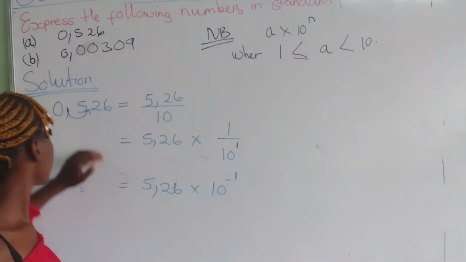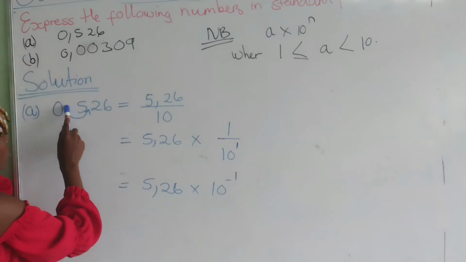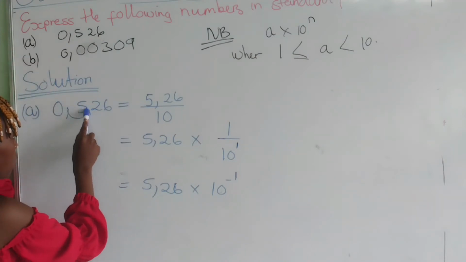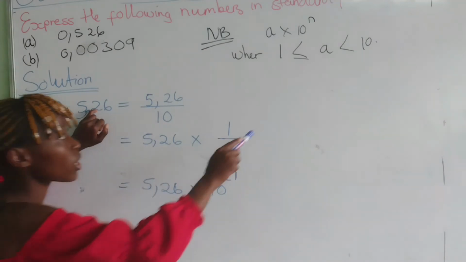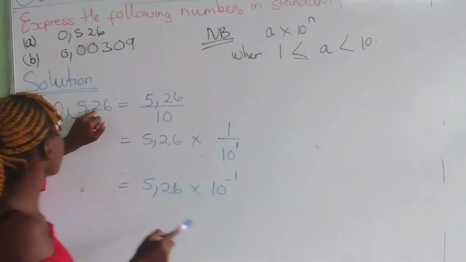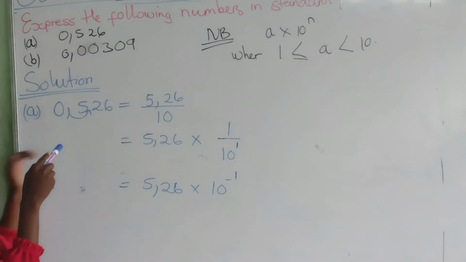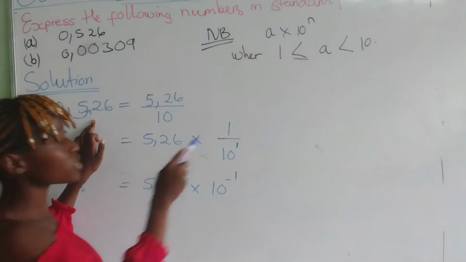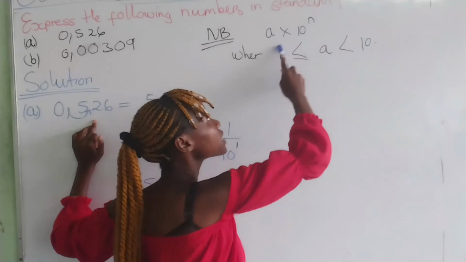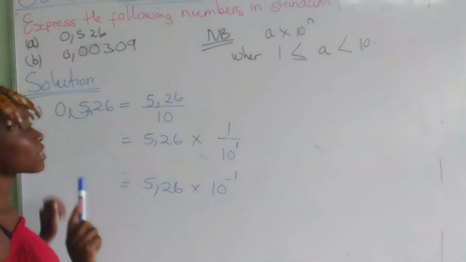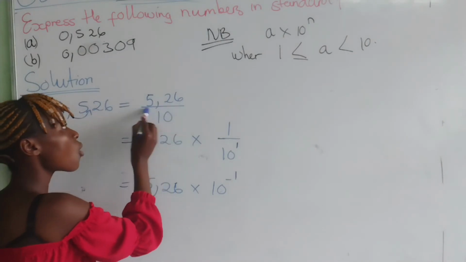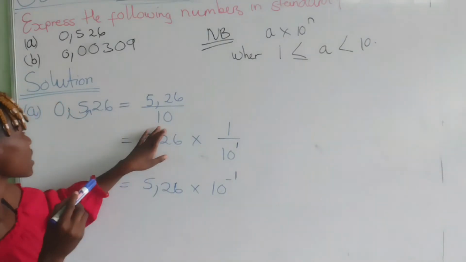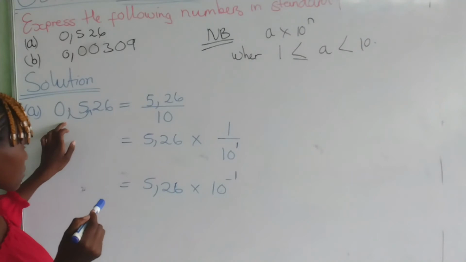If we move 2 decimal places, it becomes 52, which is no longer within our range. Or if we leave it like this, it's 0 point something, which is also no longer within our range. So we need a number that will fit our range. That's 5.26 over 10, so that if we divide again, it reduces to this.